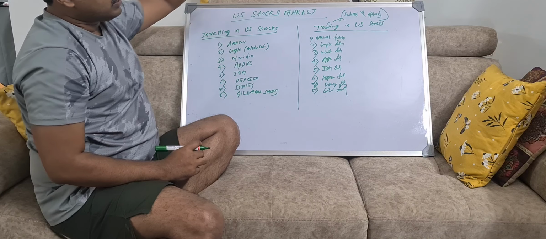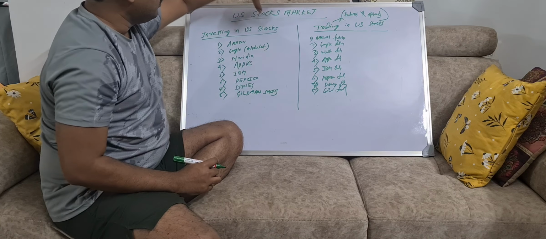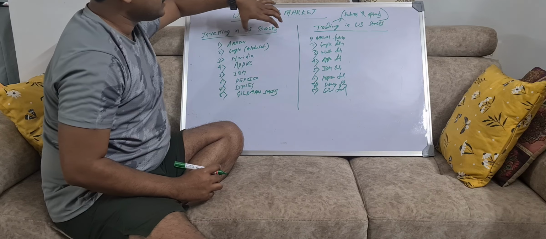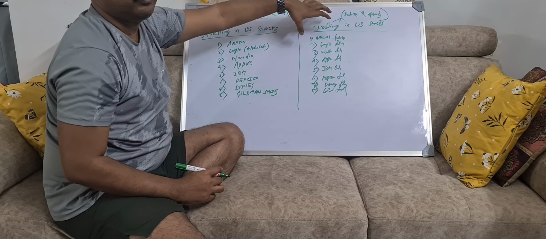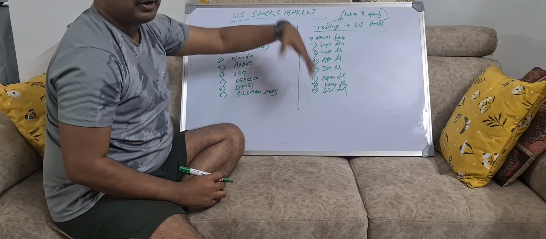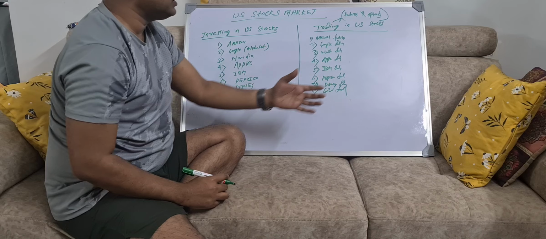Every stock will have some kind of future value based on the current price of the stock. You can trade in futures. These are basically what we call derivative trading.